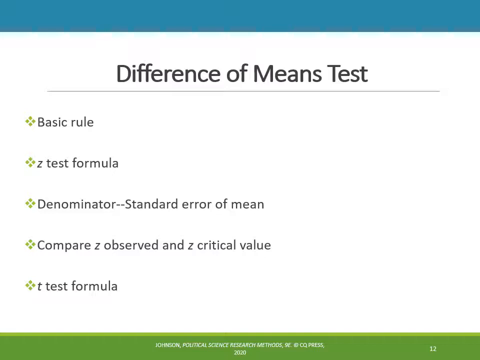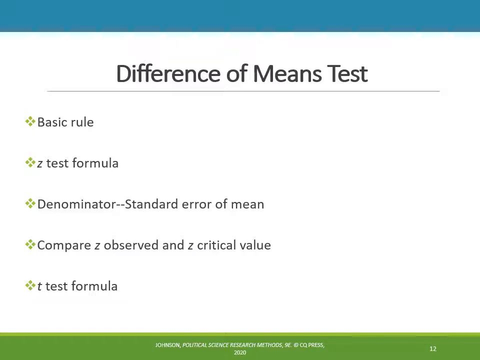And to do that, we use Z formulas and we also use T formulas. Within those different formulas, which are outlined in detail in your book, we have to calculate the denominator and the numerator. And the denominator represents our standard error of the mean. In order to determine whether or not there is a statistically significant difference, just like our last example, we have to compare the observed to the critical value.